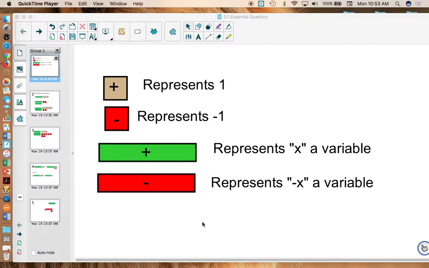You actually have a larger square, and they are red and blue, which we probably won't be using at all, but these are the ones that we use for x squared, or the variable squared. Again, the red is negative, and the blue is positive. Typically, the red color is your negative color.